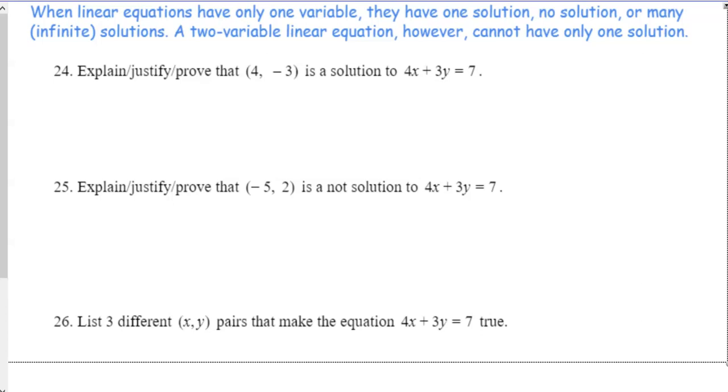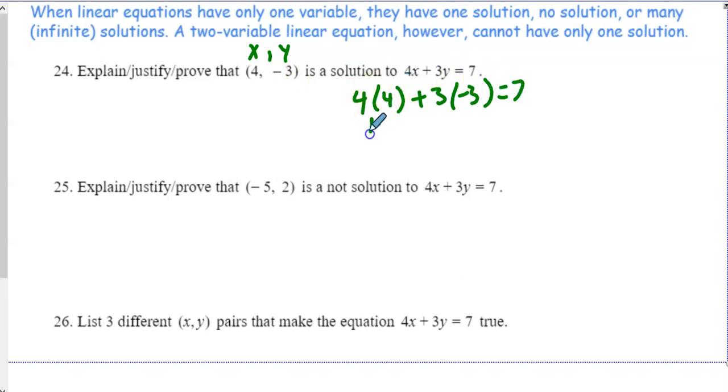When linear equations have only one variable, they have one solution, no solution, or infinite solutions. If you have 2 variables, in these examples we have below, you cannot have only one solution. Okay, so let's first start off with this. If we check our answers, now remember these are ordered pairs, so this is x comma y. So I substitute in 4 for x, and for y, substitute in negative 3.